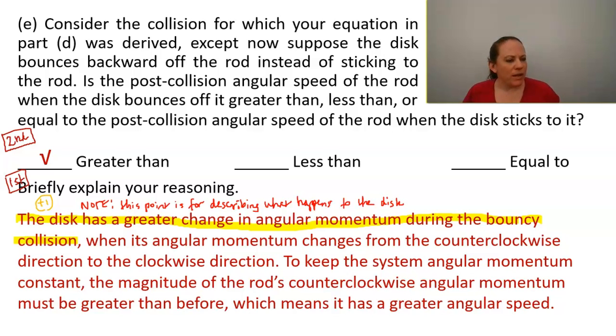And then our second point is for using conservation of momentum or momentum impulse reasoning to conclude that the rod gains more angular momentum and hence more angular speed in the bouncy scenario.